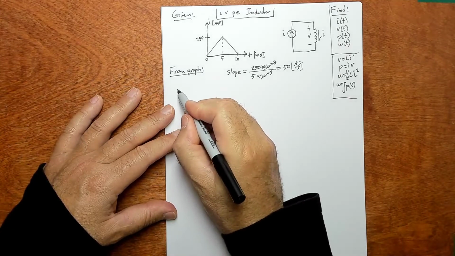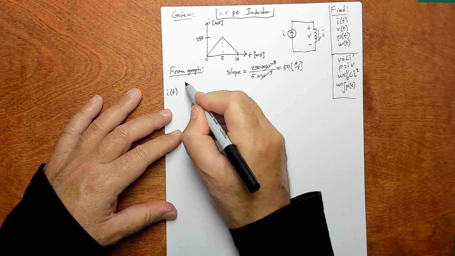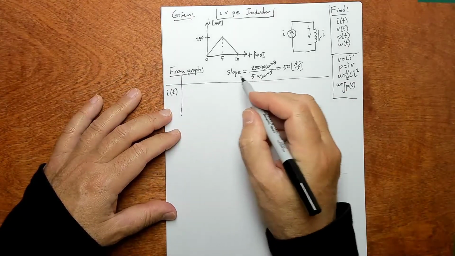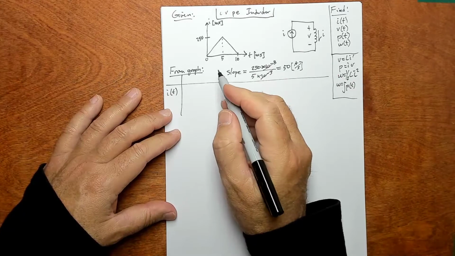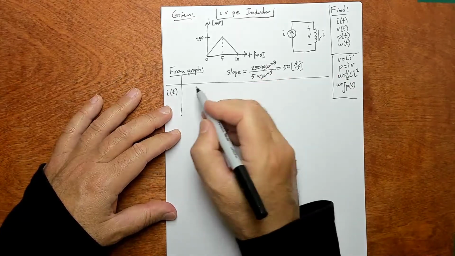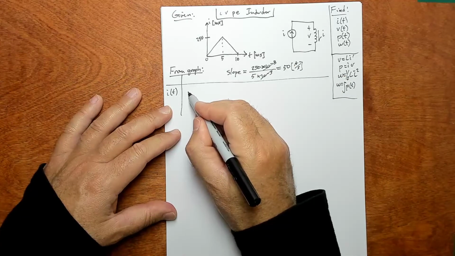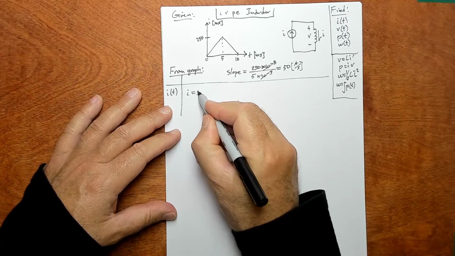So basically, for I of t, what we've got is two different time intervals. We've got from 0 to 5, and then from 5 to 10. So the equation of the line I is 50t basically.